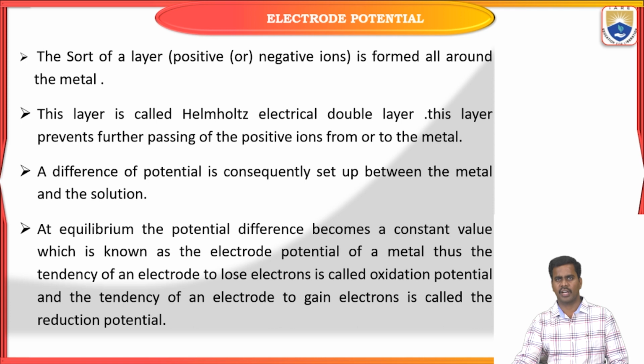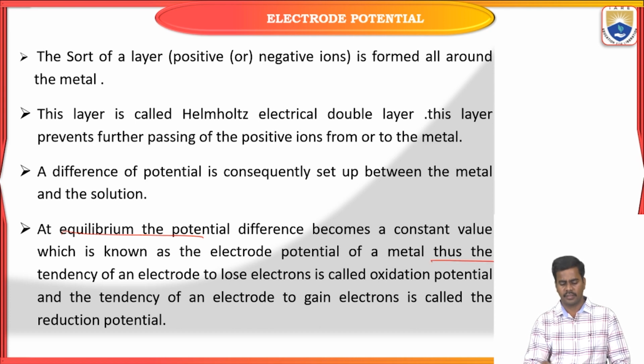Because of the formation of this layer between the metal and the metallic solution, there will be an equilibrium. The potential difference becomes a constant value, which is known as the electrode potential of the metal.